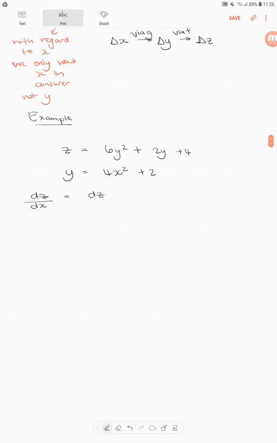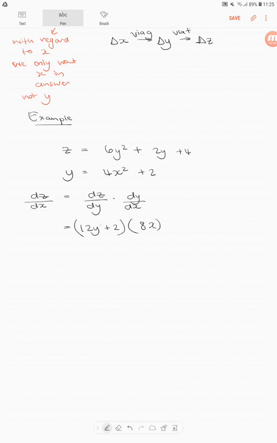This will be dz dy times dy dx as per our chain rule. dz dy is the derivative of this function, which is 12y plus 2, times dy dx, the derivative of y with regards to x, which is 8x.